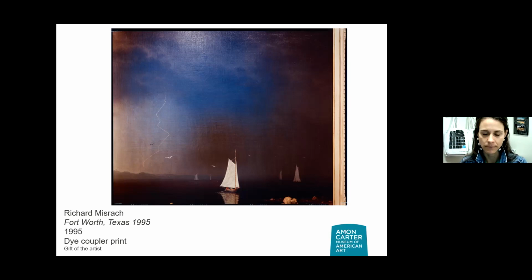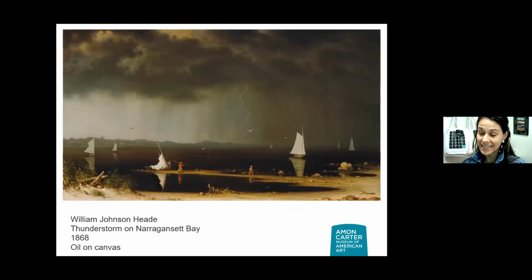Okay. This one looks a lot happier than the Narragansett one. It does, but I'll tell you, the Narragansett in real life, be still my heart. You almost feel that quietness as if you were on the shore. You know that storm is coming, and when it gets real quiet, you can feel that stillness. It's breathtaking.